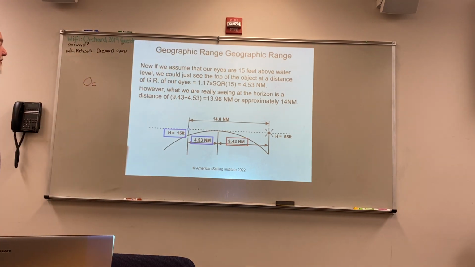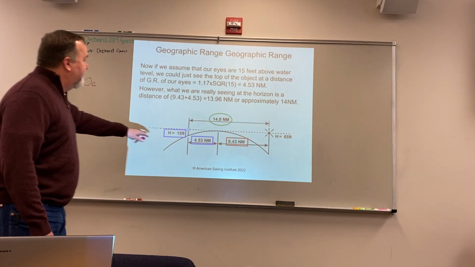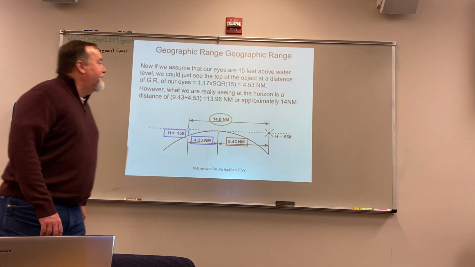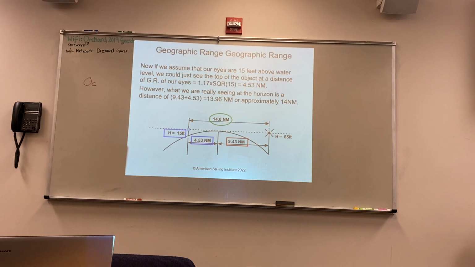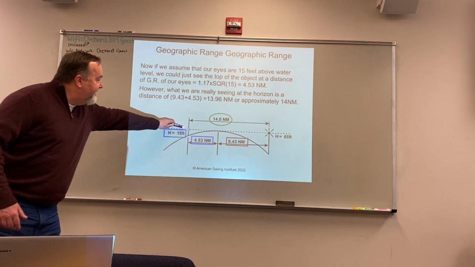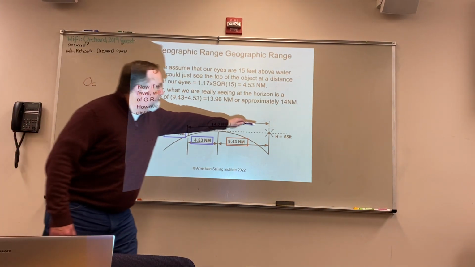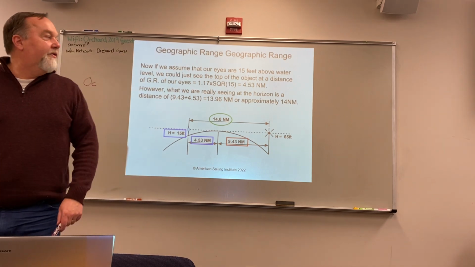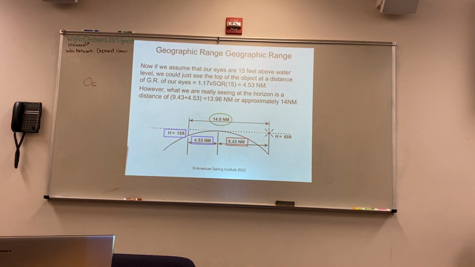If I'm standing on the cabin of the boat, then rounded up, 14 nautical miles is my geographic range before I lose sight. Anything outside of 14 miles, that beacon, even though it's 65 feet high, is going to disappear below the horizon. Make sense?